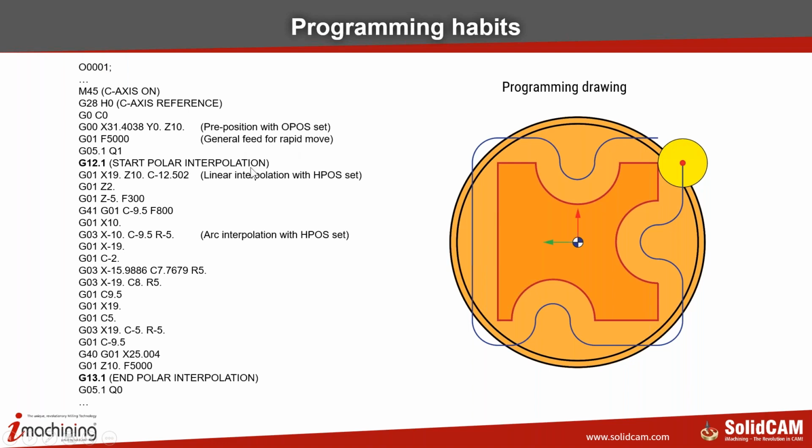Then we have starting polar interpolation, and then we basically start with the linear interpolation in H+set, and as well with the arc interpolation with H+set. We all know the H+set: it will generate the output based on the MAC or virtual MAC, getting it from the submachine. So basically, whatever you see in this coordinate system, you will receive the code right from it.